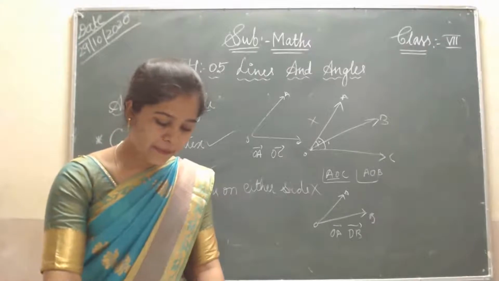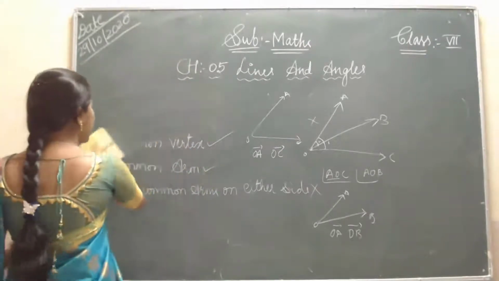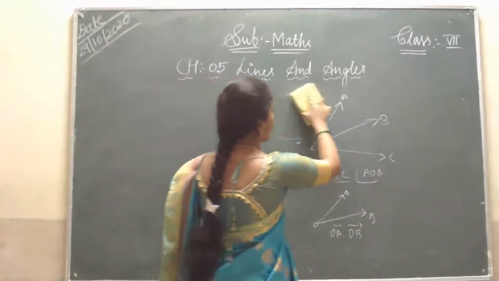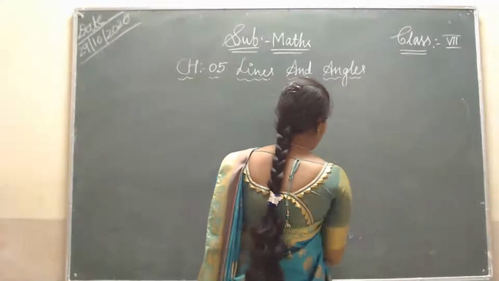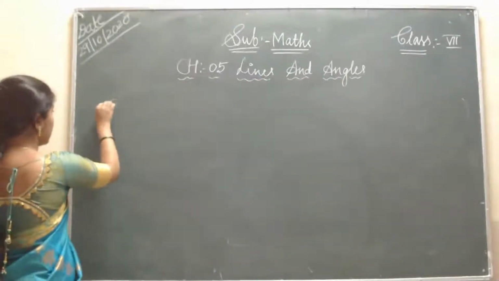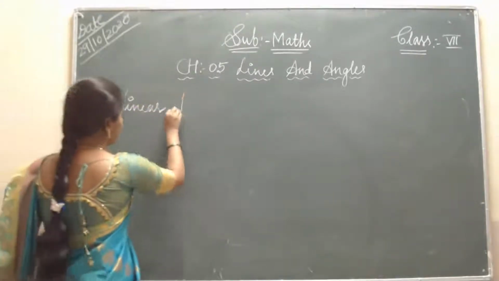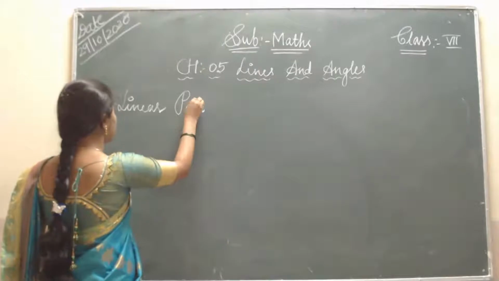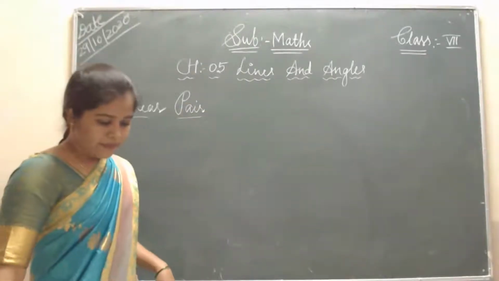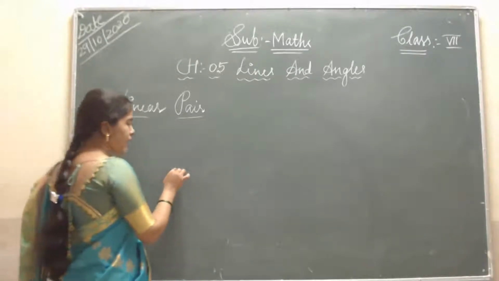Next, linear pair. Here, the next topic is linear pair. Pair means jodi, two. Linear pair. Here also same, like supplementary angle.